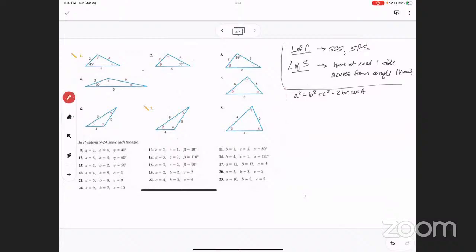Okay, so we're doing problem number 2. Wait, shoot, this isn't the right one.